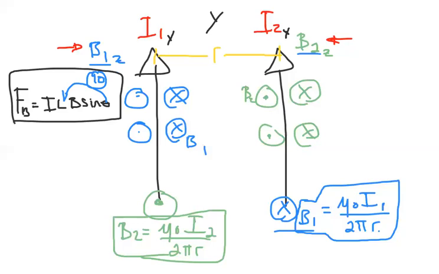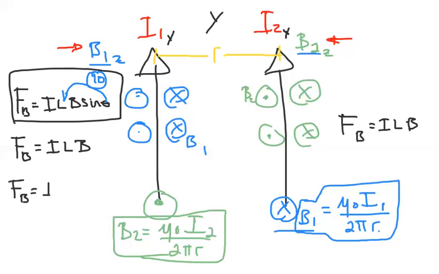So we can go ahead and just write for both these generically, FB is equal to I L B, but we got to label it up. We don't have direction yet, but we can still label these up, because actually these equations are going to tell us how to get the right-hand rule. Because the right-hand rule is also going to be what? FB is equal to I L cross B, and the same thing over here. So let's make sure that they're labeled correctly.